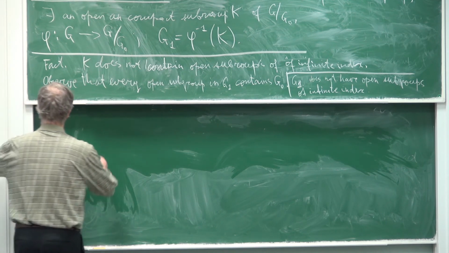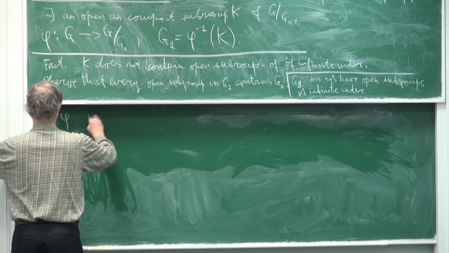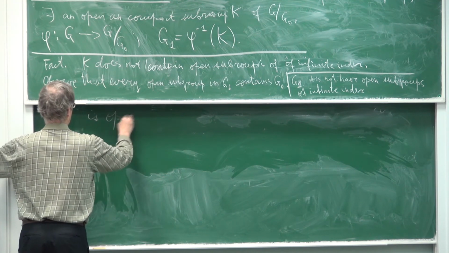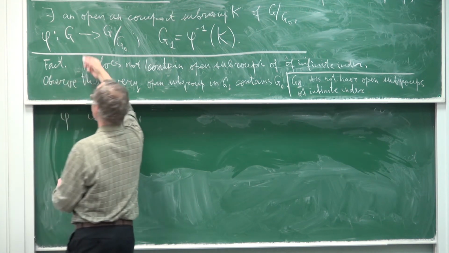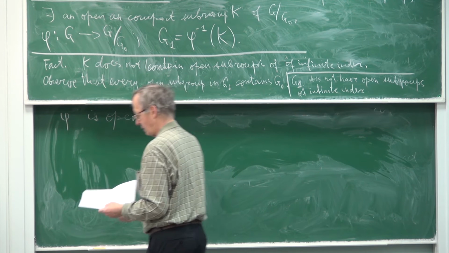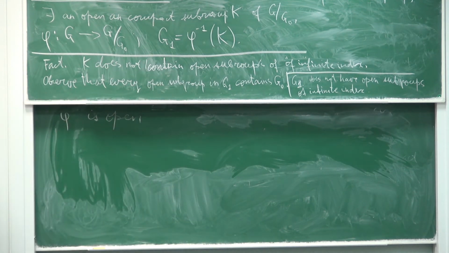Now also I remind you that phi is open, as any topological quotient map in the theory of groups.